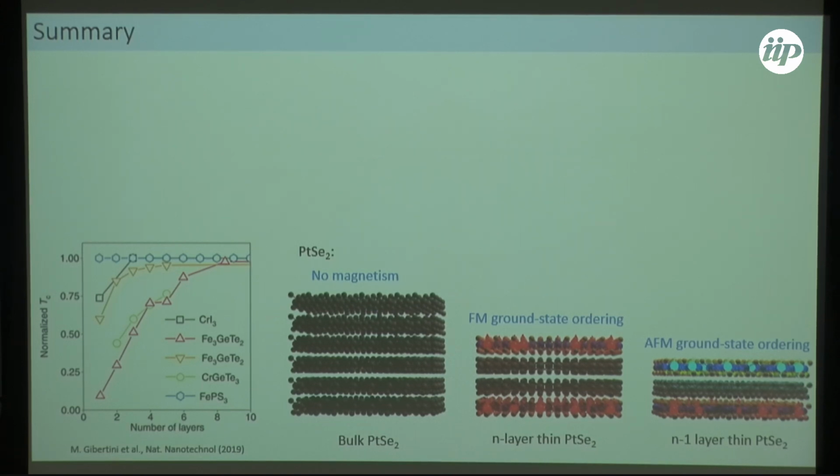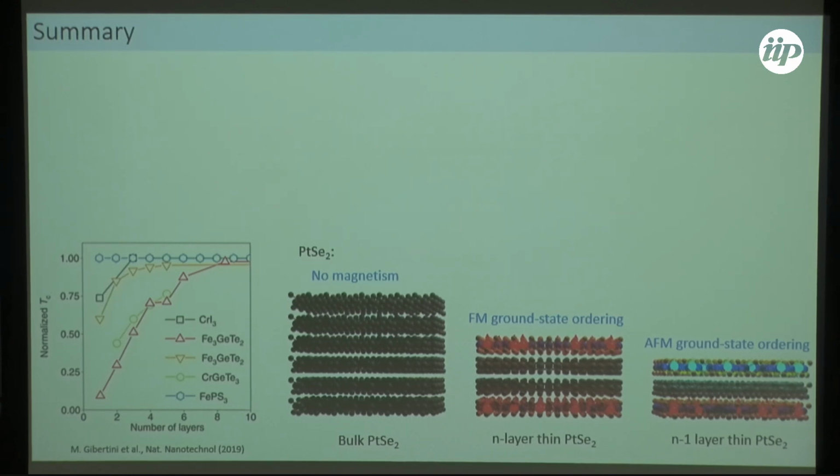But in the case of platinum selenide or this molybdenum telluride, we have a non-magnetic bulk, but once you go to the 2D limit, you start to realize magnetism, which shows a good property of 2D materials.